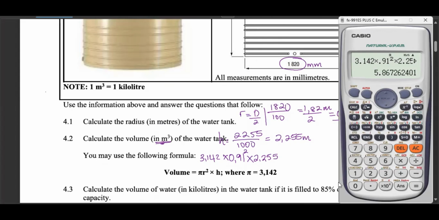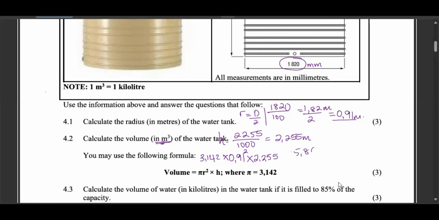So the answer here became 5,87. That's where it will end, because we need 2 decimal places, so we need to end here. So the answer becomes 5,87. Don't forget the units. These are meters cubed. Substitution is important. Feeding in the right numbers. Now here, 3 marks, you converted, you substituted, you have your final answer.